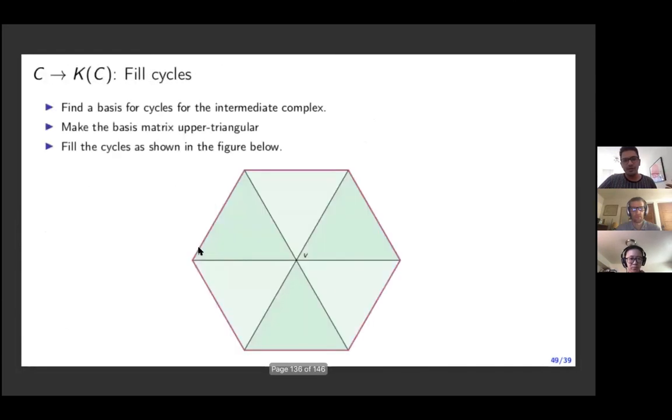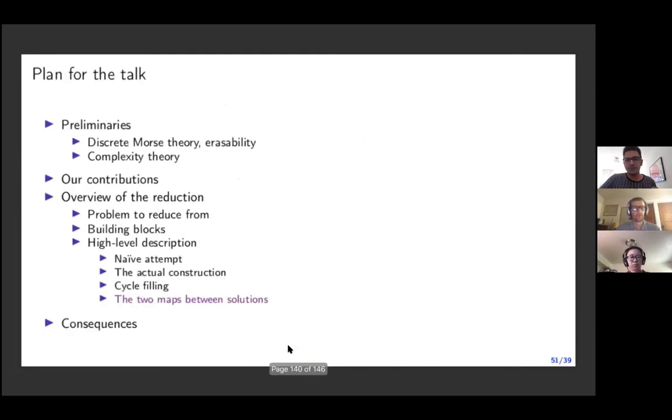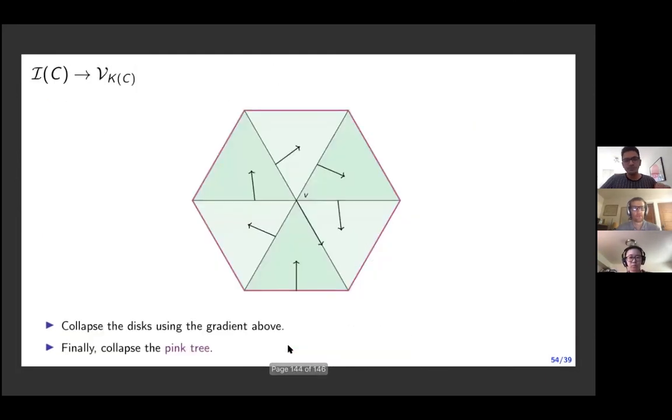Then you fill these pink guys, so you basically find a basis for this intermediate complex, and then you make it upper triangular. Once you make it upper triangular, you can start collapsing from the pivot edge. So you destroy all the cycles because you're collapsing the pivot away.